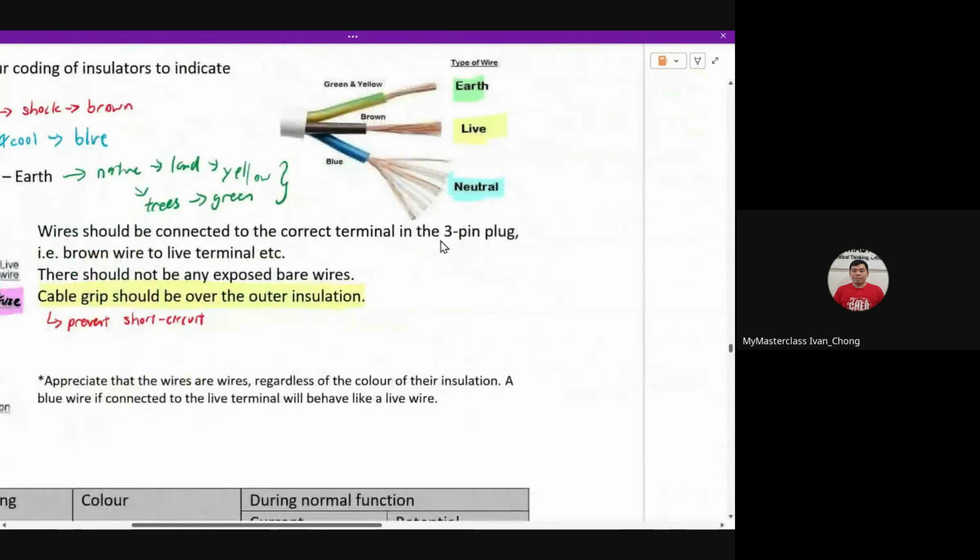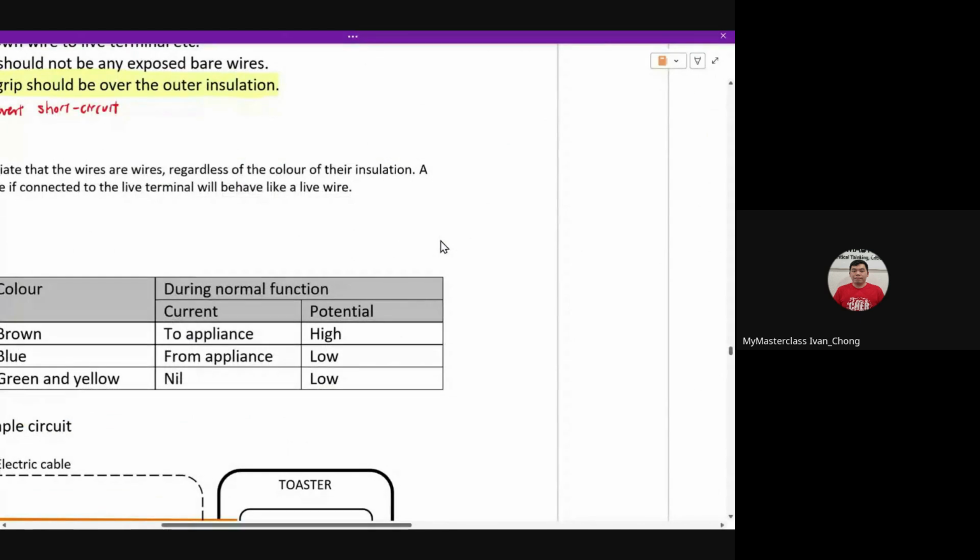So you can just imagine if you have a normal circuit with a light bulb, for example. So what happens is this is your live wire. This is your neutral wire. You can see that your current is actually flowing in this direction. So which means if you touch your live or your neutral wire, you will get zapped. So now the question is, if my live is here, my neutral is here, where's my earth wire?